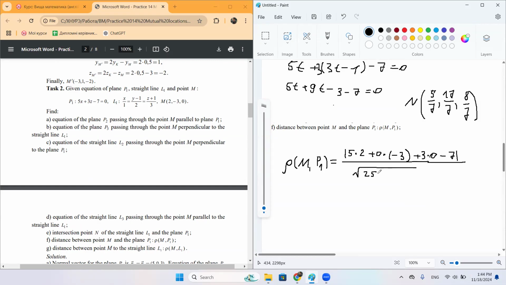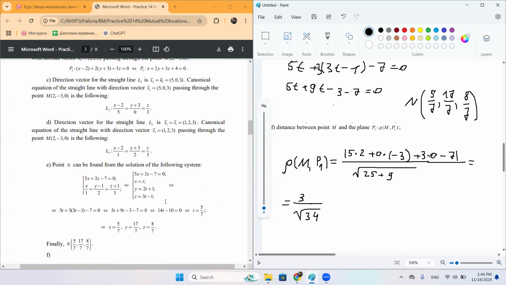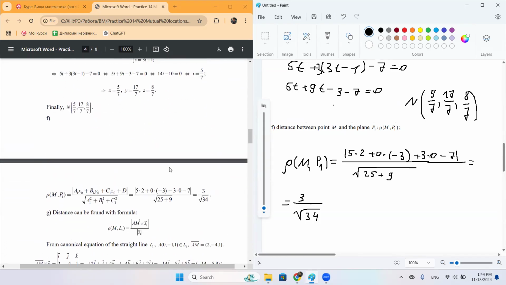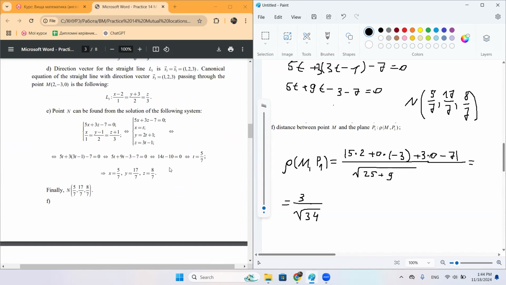So 25 plus 9. Okay. And what do we have? So 10 minus 7, so 3 by square root of 34. Let me verify. Yeah. Okay.